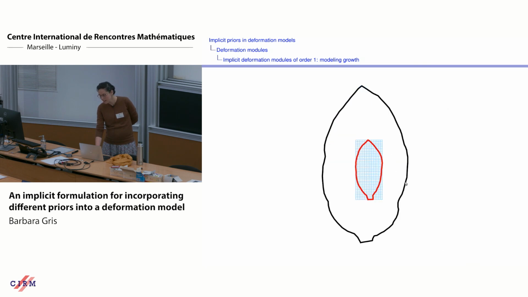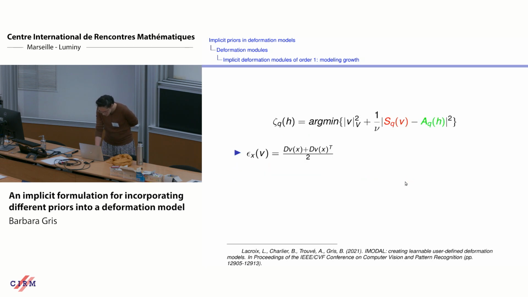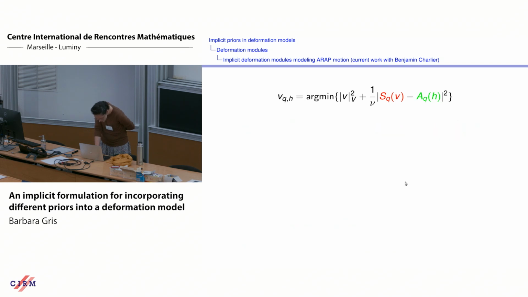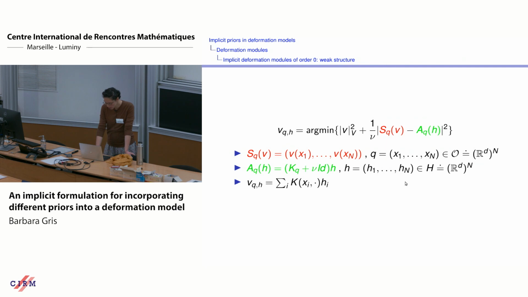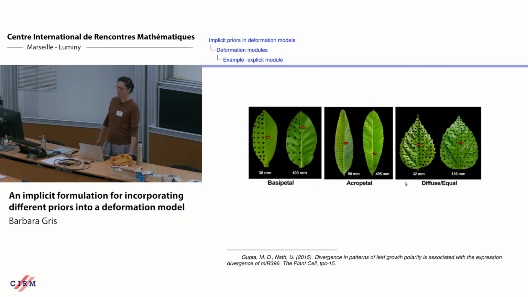So here I did not detail. When you look at the data that we have here, if you have enough data, and here you do have some more data given by the dots the biologists put, you can estimate a growth model. For instance, you assume here you have the dots only on half of your leaf.